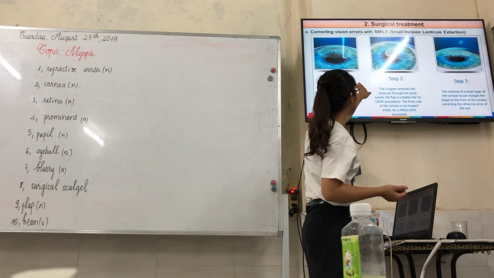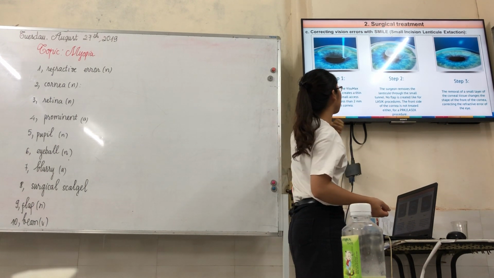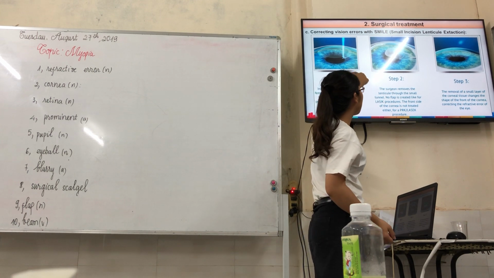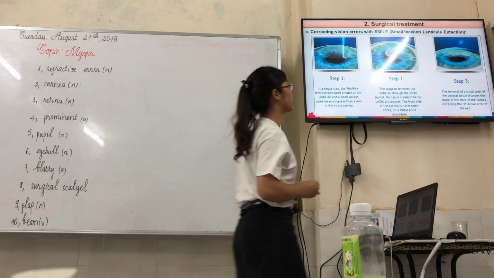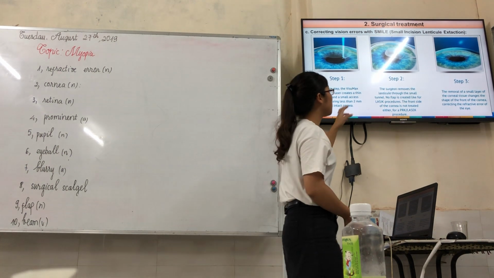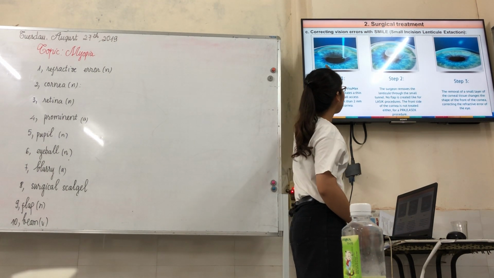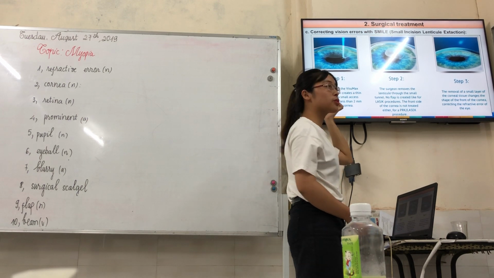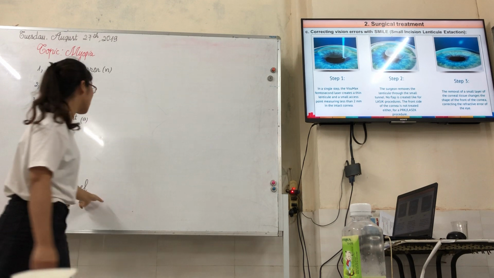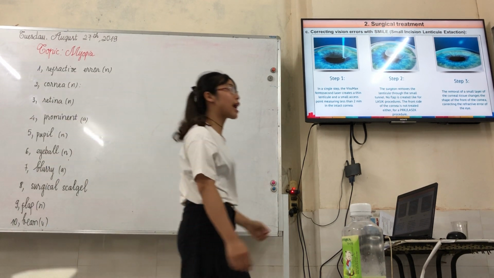And you know that each step is carried out differently from the two other treatments. You can see that it is the first step. They don't use the surgical scalpel as well as the knife.